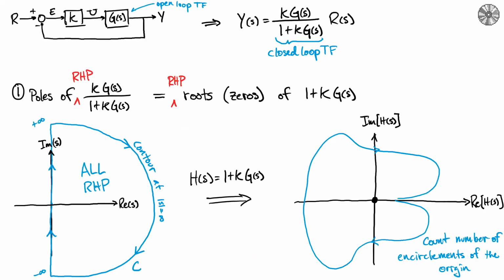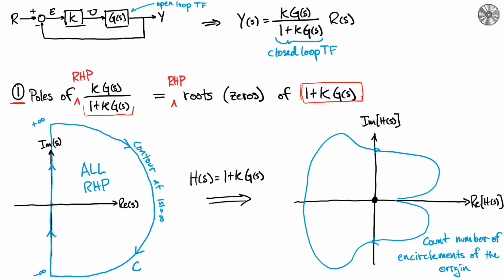All right, so now moving towards the actual statement of the Nyquist stability theorem, we're going to introduce two main ideas. Number one is that the poles of the closed loop transfer function are equal to the roots or the zeros of 1 plus k times g. That's simply because this is the denominator of the closed loop transfer function.